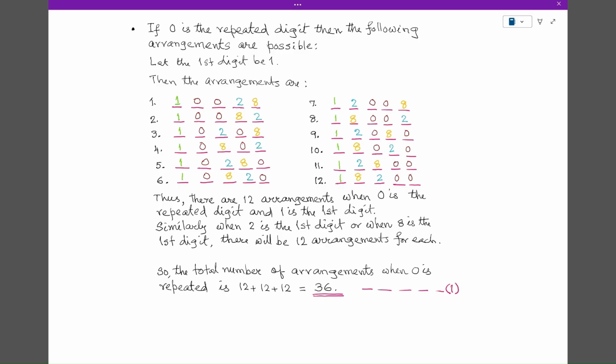So the total number of arrangements when 0 is the repeated digit is 12 when 1 is the first digit, 12 when 2 is the first digit, and 12 when 8 is the first digit, that is 36. Let us call it 1.